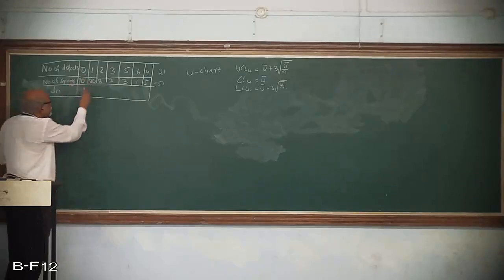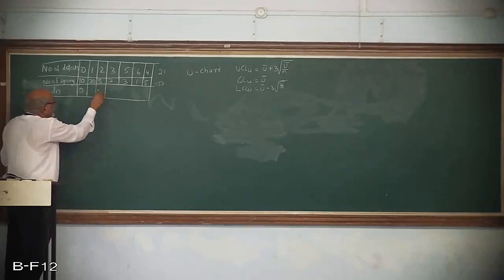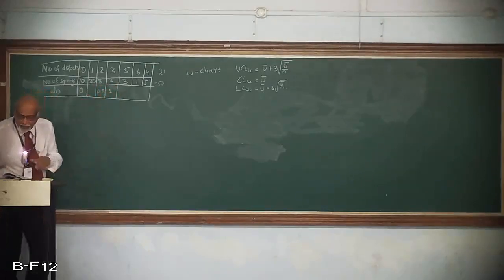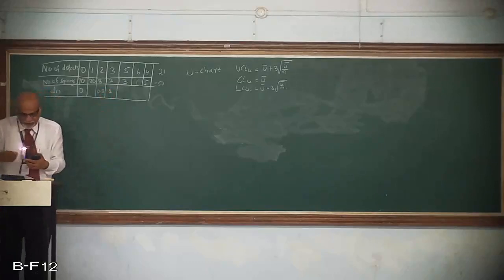That means 0 by 10, it is 0. 1 by 20, 2 by 8 is 0.25, 3 by 3 is 1. Okay. So if we go on calculating like that, we'll get these values.